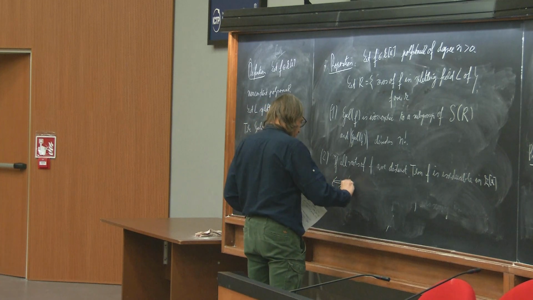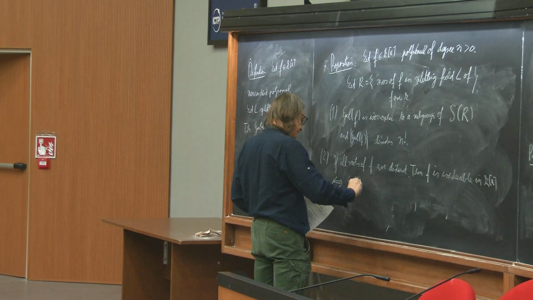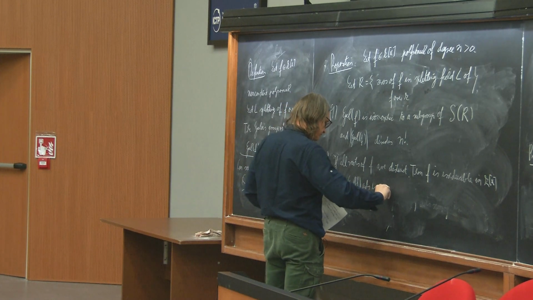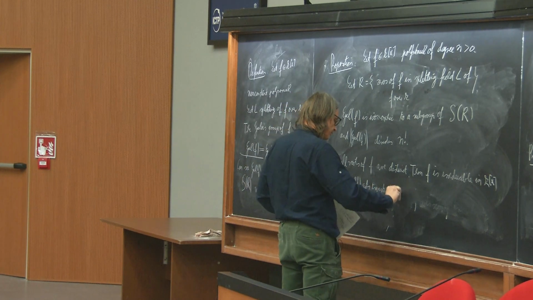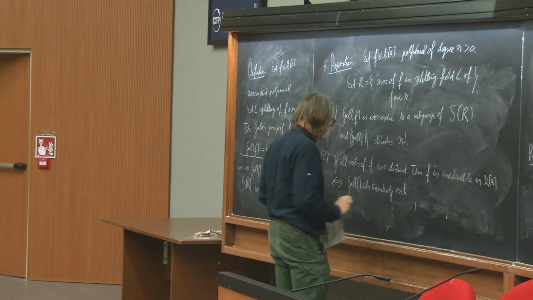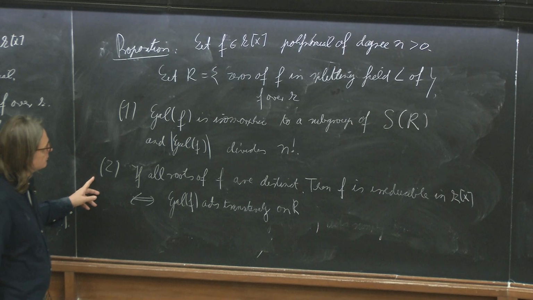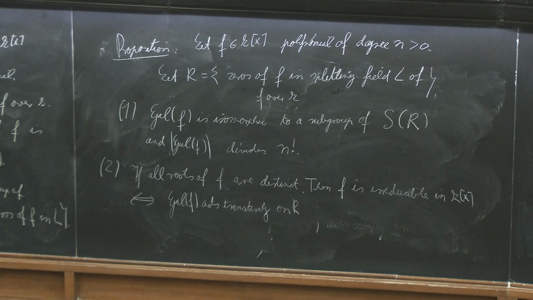So the Galois group of f acts transitively on R. I'm not actually sure whether we use this, but it's interesting to know.